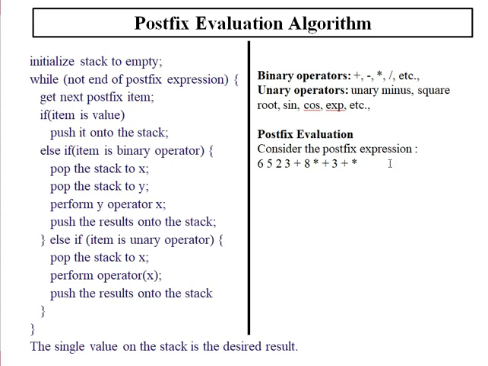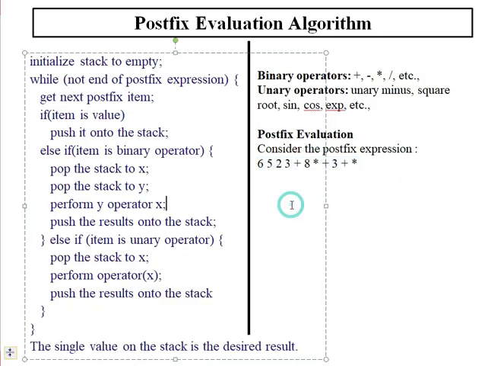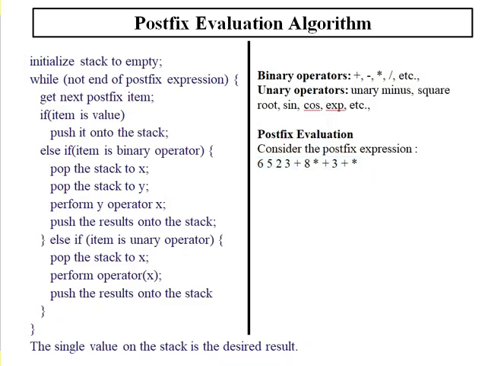So for example, if we have such a postfix expression having numeric values, you should consider 6, 5, 2, 3, 8, 3 as independent numbers. There is a space between the numbers, so those are independent numbers.